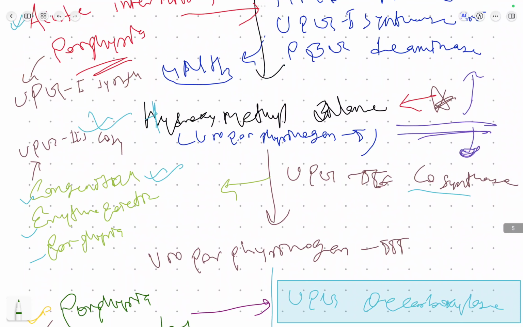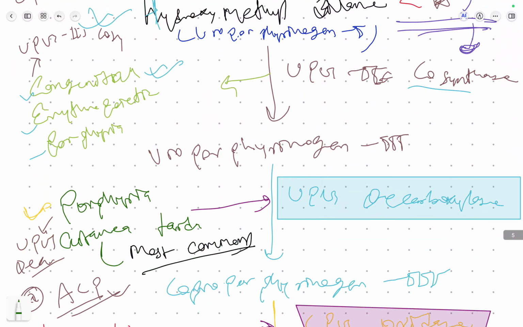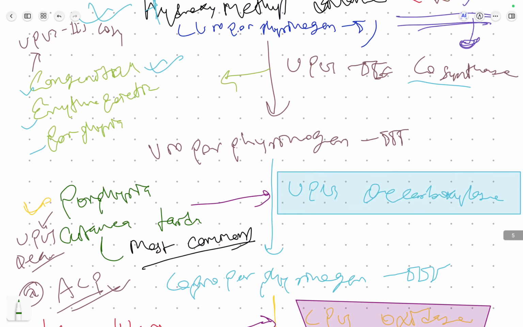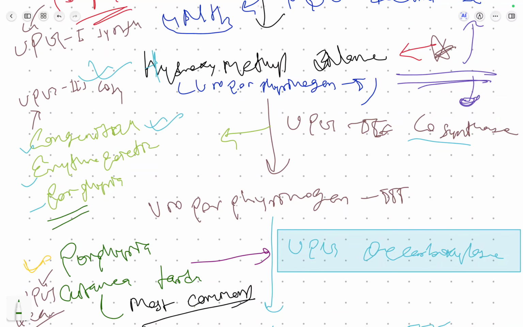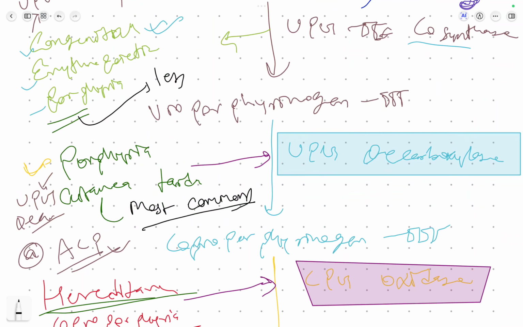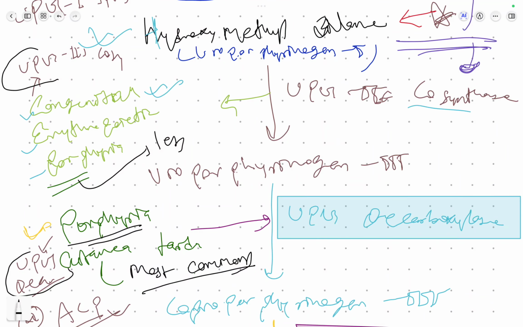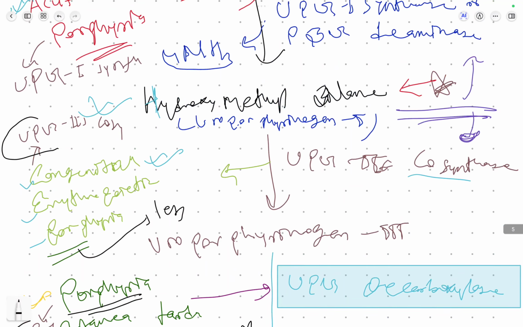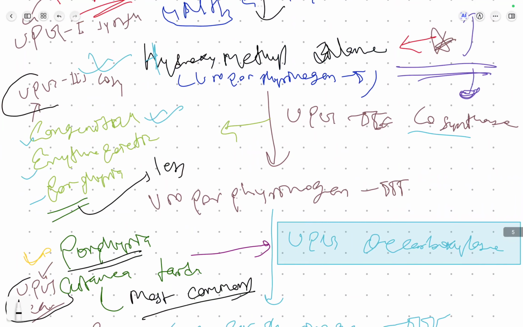And one more thing, congenital erythropoietic porphyria has a less severe form of photosensitivity than porphyria cutanea tarda. Why? Because this has two enzymes, this one also and this one also. So these both are combining and forming the problem. So in CEP, there is a less severe form.